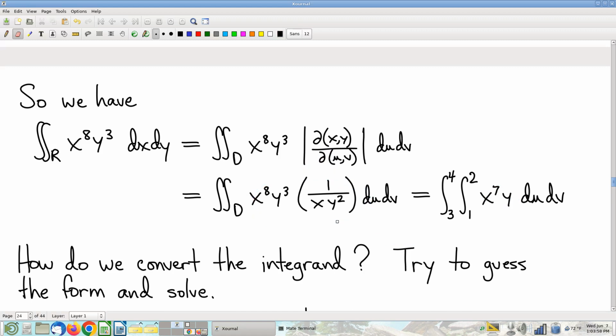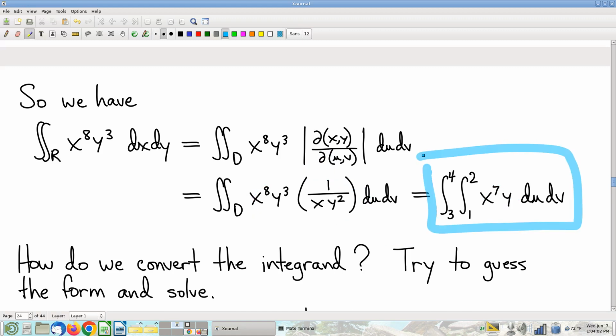But we do find ourselves in a weird situation now of this integral is not ready for plugging and chugging yet, because while I am in the UV plane, right, this is my pullback integral, all of this stuff here is not yet written in terms of u and v.